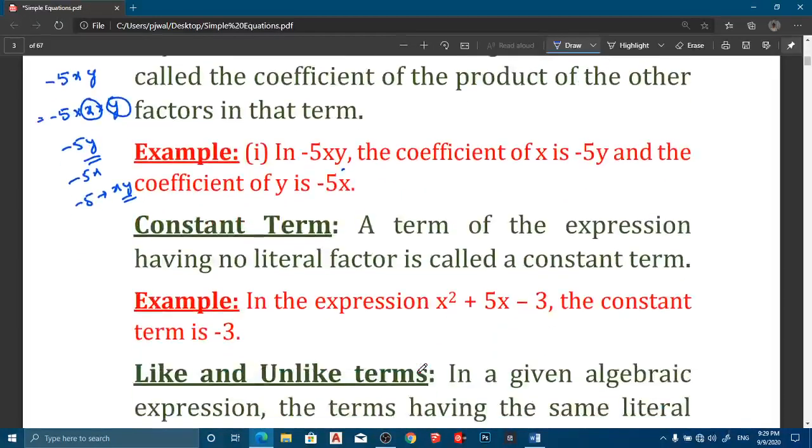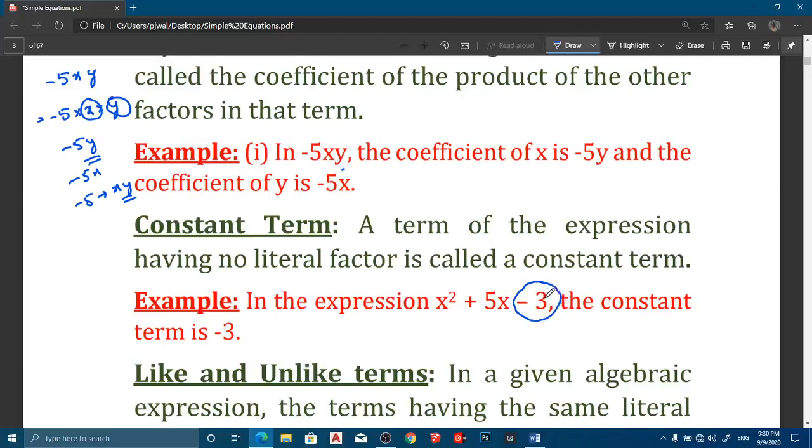Next, constant term. A term of the expression having no literal factors is called a constant term. We observe here minus 3 does not have any literal factor. Only a number is there. This type of term is called a constant term.